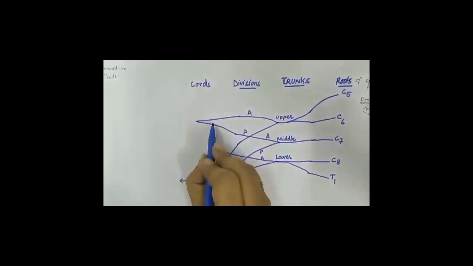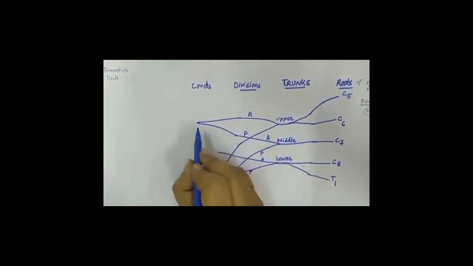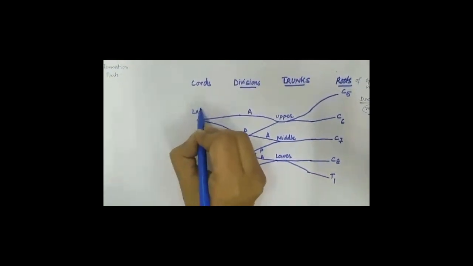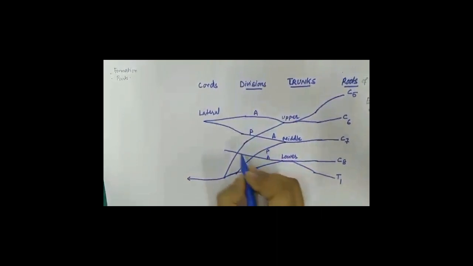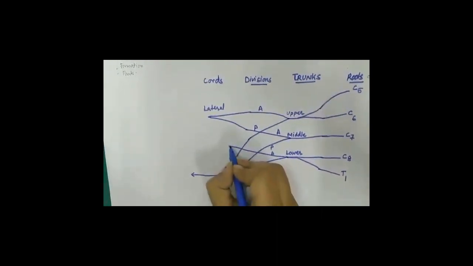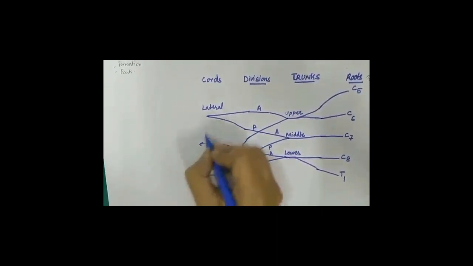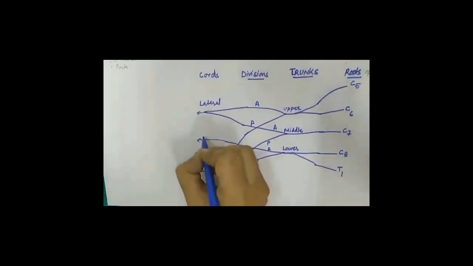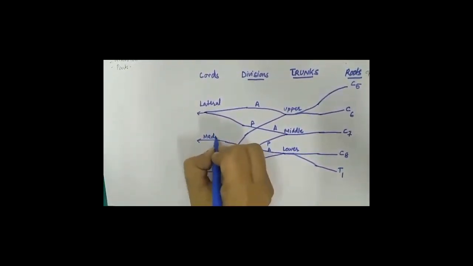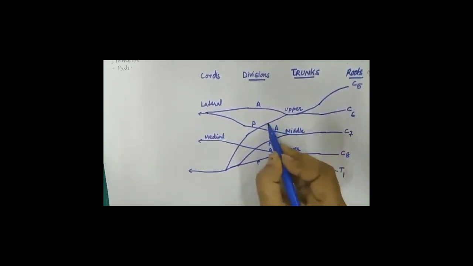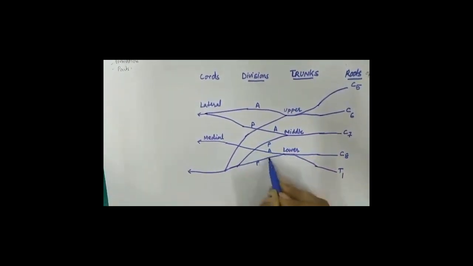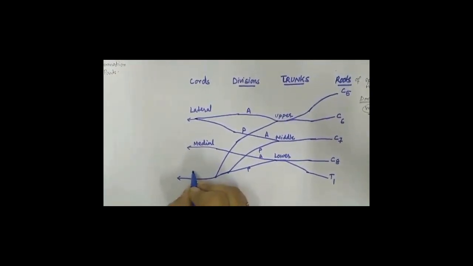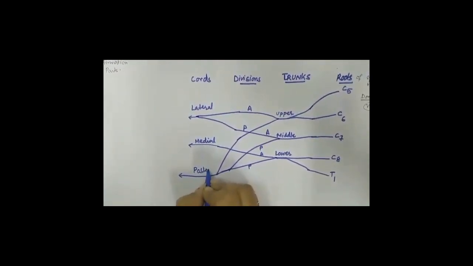So anterior division of upper and middle trunks has formed lateral cord. The anterior division of lower trunk continues as medial cord, and posterior divisions of all the 3 trunks join to form posterior cord.